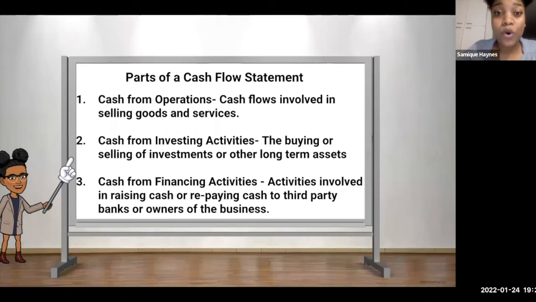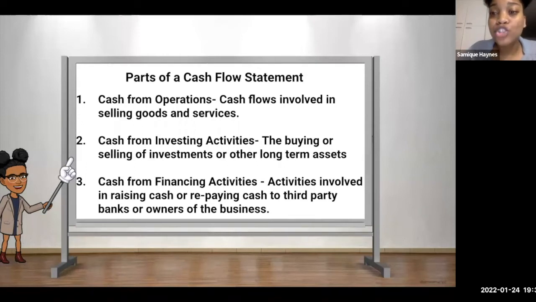But if the owner is not publicly traded or they don't want to issue any more shares, they can say we need to raise funds, then let's forget about equity for now. Let's raise funds through liabilities, and they might go to the bank and get a loan. All right. So the 3 different categories for a cash flow statement: operations, investing, and financing. Now, if you're stuck, you're like, is this financing or investing?